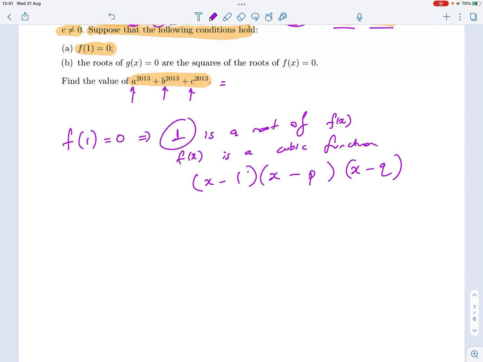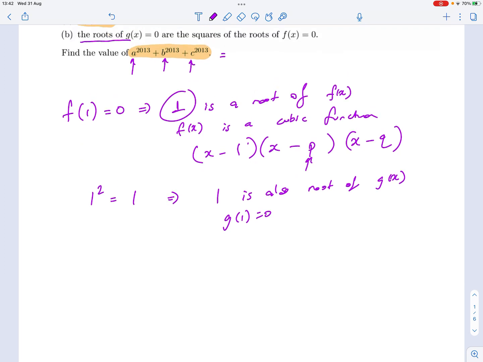Condition 2 tells us that the roots of g of x are the squares of the roots of f of x. Since f of x has a root 1, therefore 1 squared, which is 1, is also a root of g of x, which means g of 1 equals 0.